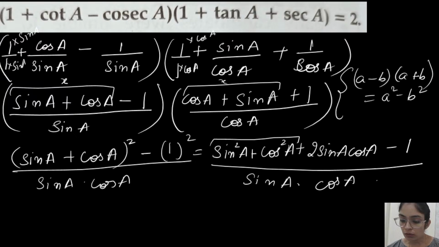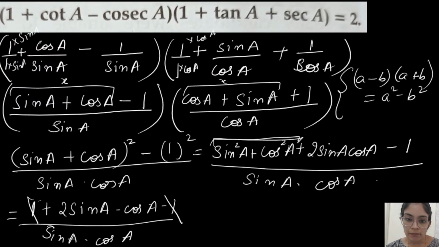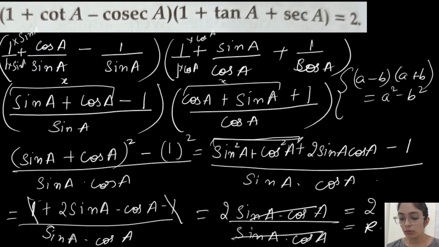This is equal to 1 plus 2 sine A cos A minus 1, by sine A cos A. One positive and one negative get cancelled, so we are left with 2 sine A cos A by sine A cos A. Sine A cos A will get cancelled, so our answer is 2, which equals the right hand side also.